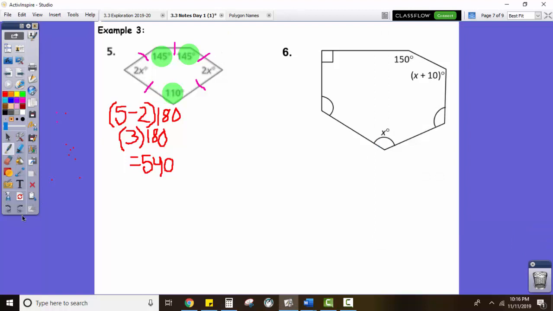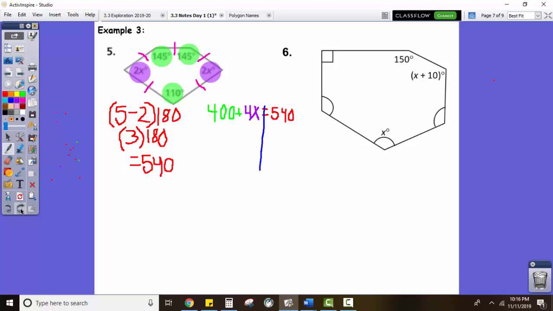I get 400 degrees. So I'm going to start with 400, and then I have to pay attention to what I have for my variables. I have 2x plus 2x, so that's actually 4x. So I'm going to write plus 4x equals the 540 degrees that we know should be in this pentagon.